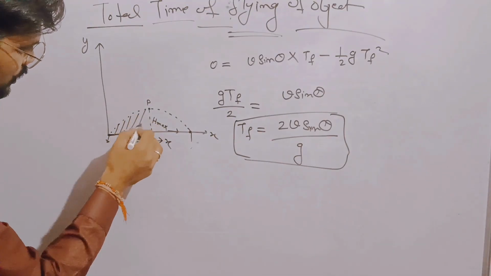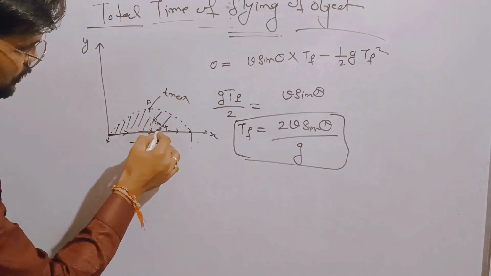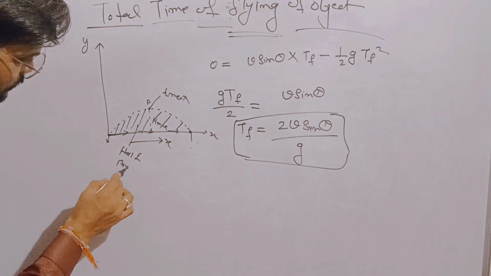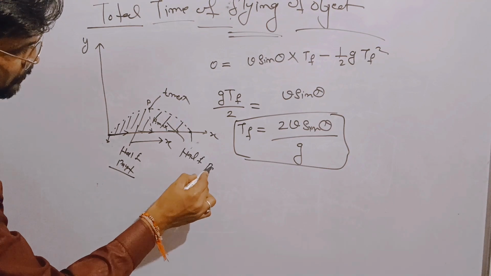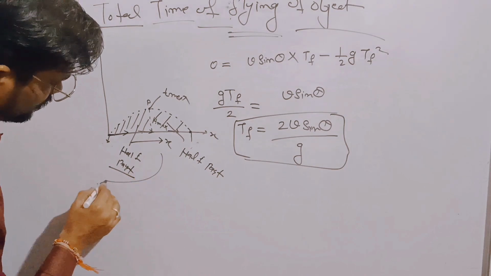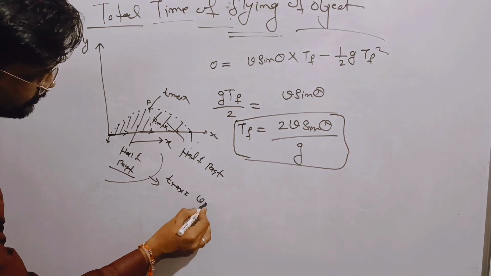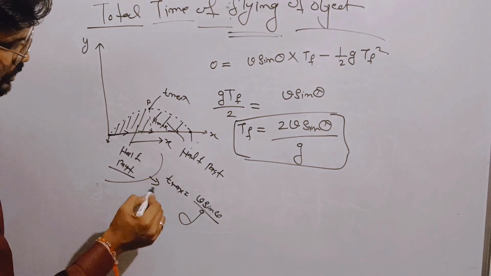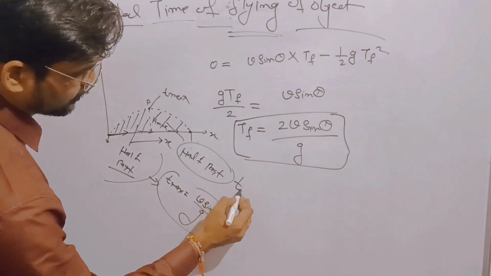So next trick to find out the total time of flying in projectile motion: T maximum is for the half part of the projectile motion, up to the maximum height, and the remaining half part is for coming down to the ground. So T maximum is equal to v sin theta upon g for the maximum height, and there is a half part for the ground.